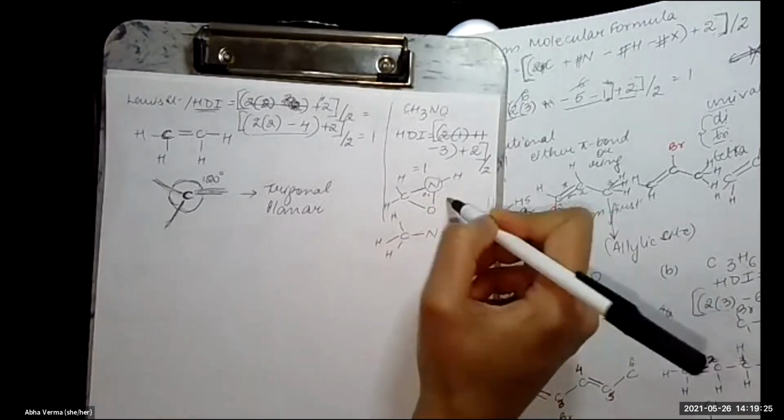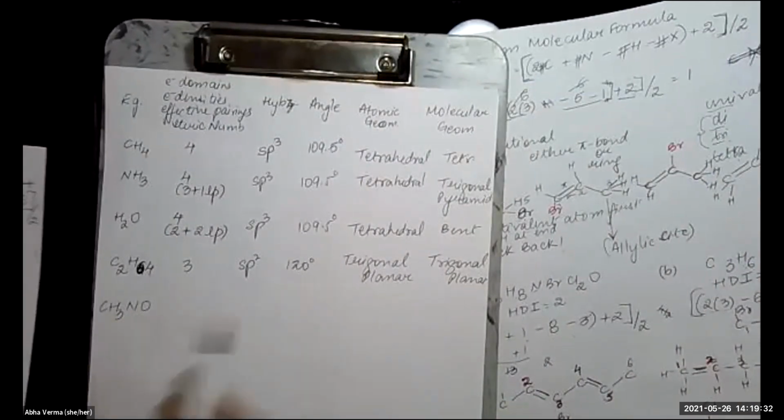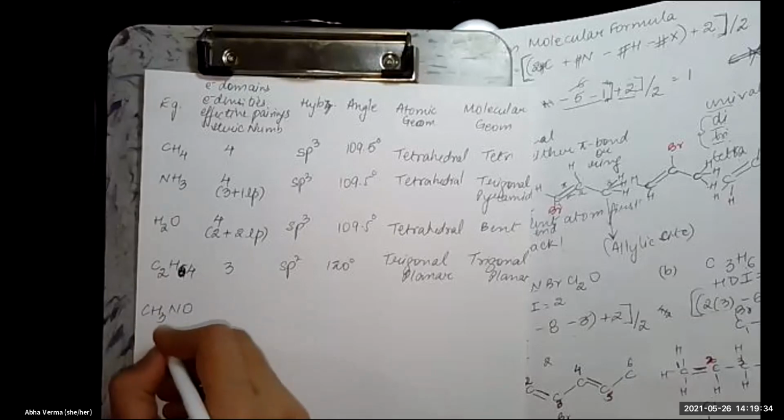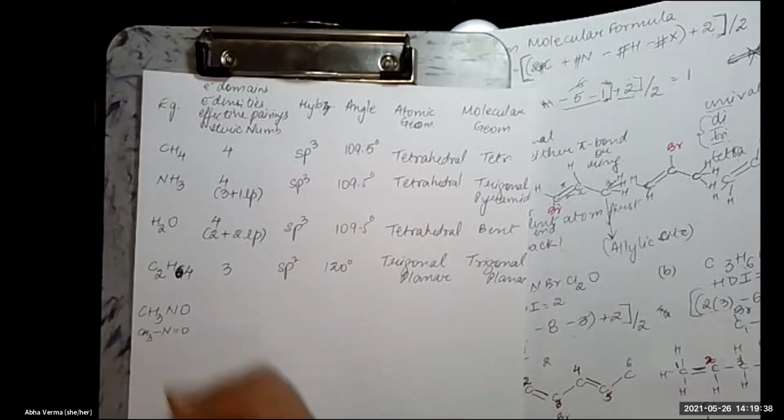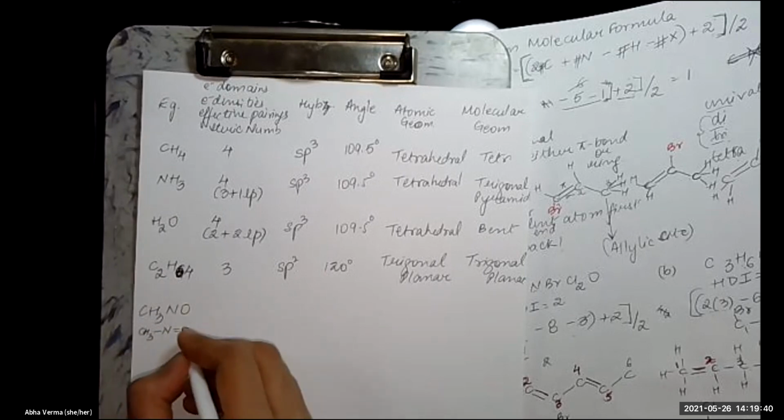Okay, so these are the two constitutional isomers. The one that I asked you to make, the CH3NO, looks like this. So these are the two constitutional isomers of this particular molecular formula.